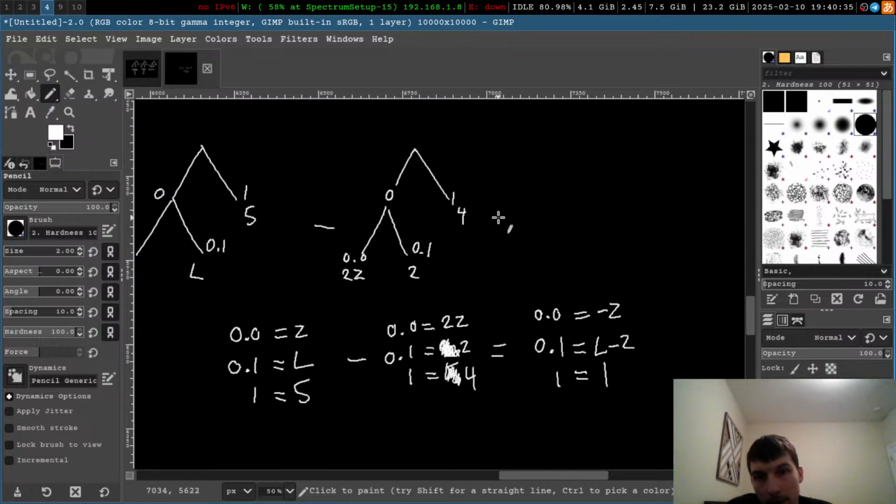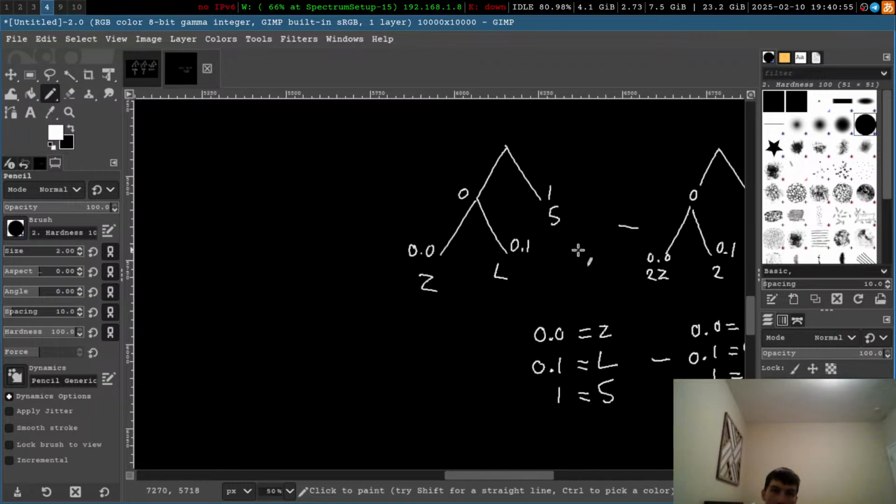So the result of our new tree is supposed to be negative z, 2 L minus 2, and just 1.